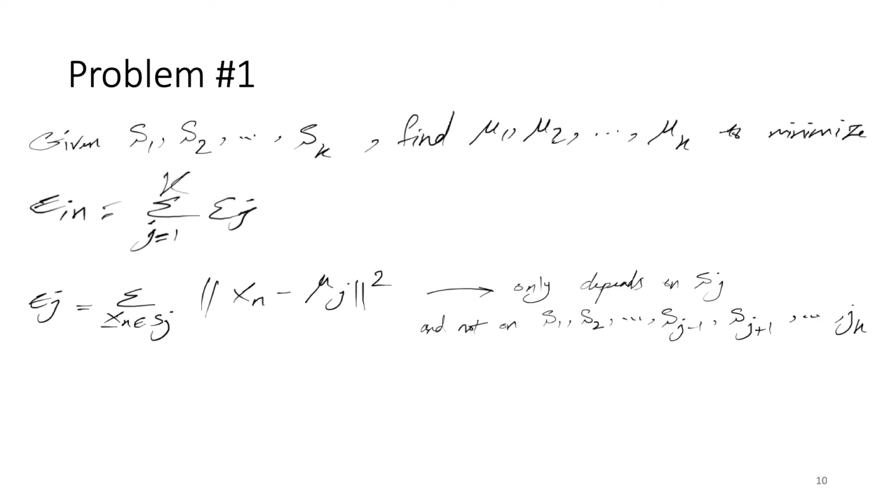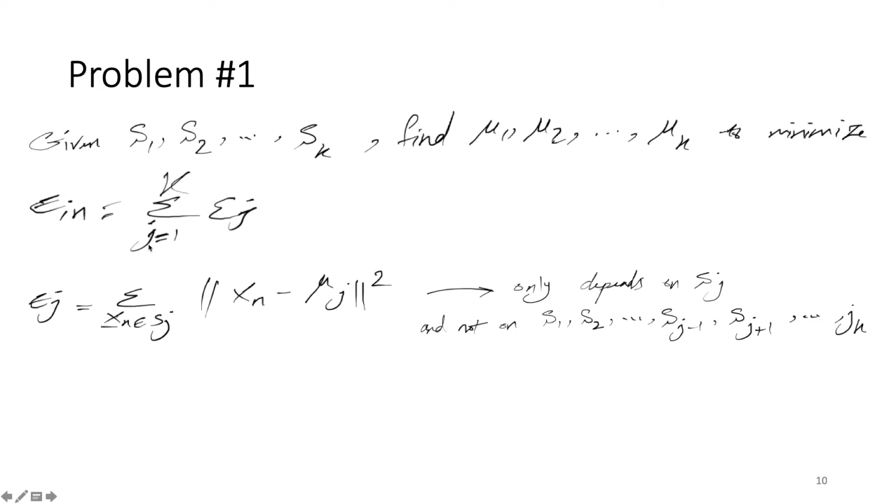So if you see this, because you are summing up the differences between each of your x's and the center point within that specific cluster j, within each of those Sj's, this equation only depends on its own Sj, right? And not on all the other Sj's.